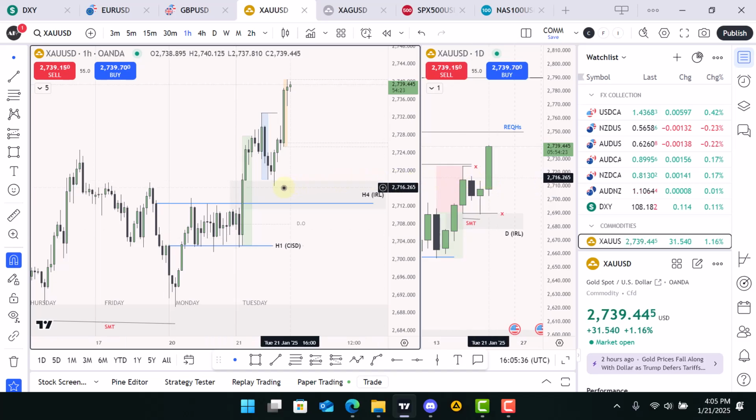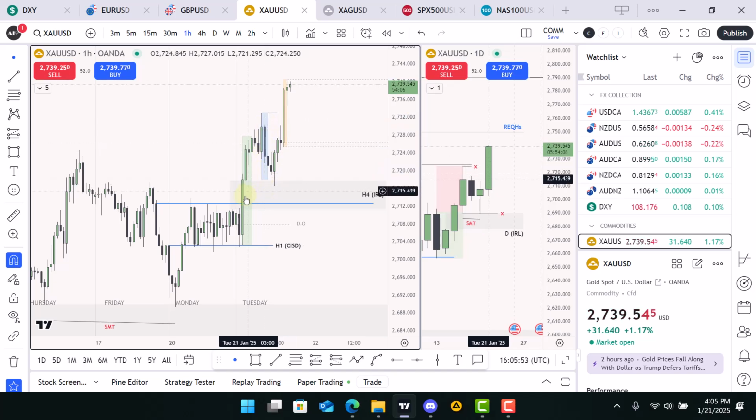Now, when you come to the 1 hour chart where you can clearly see the daily range after expansion on Tuesday during the Asian session, the London session came with a retracement.